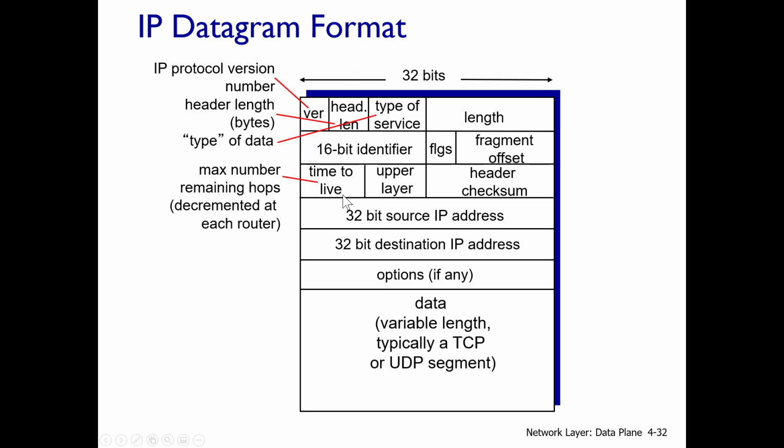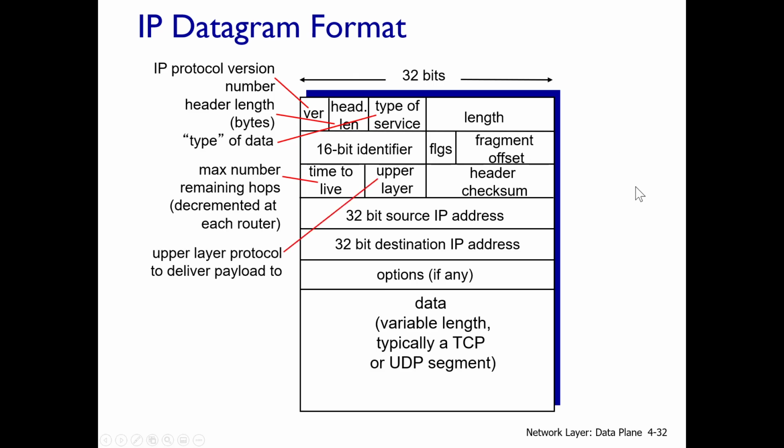By setting this time to live, for example, if you set time to live to 1 when you send the packet, the next router will reduce it by 1, so the time to live will be 0. Even if the packet hasn't reached the end host, it cannot move anymore. That's it. We have an upper layer field. It shows if the packet is TCP or UDP.